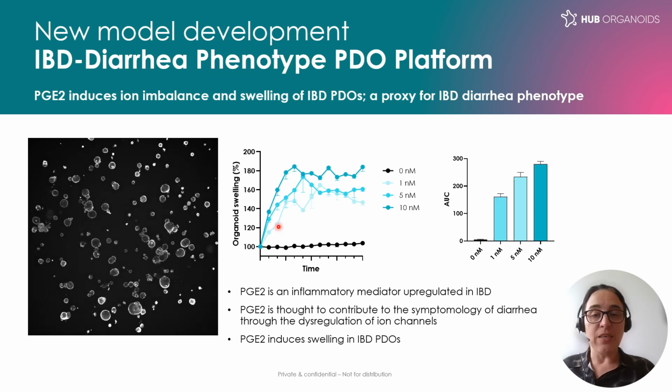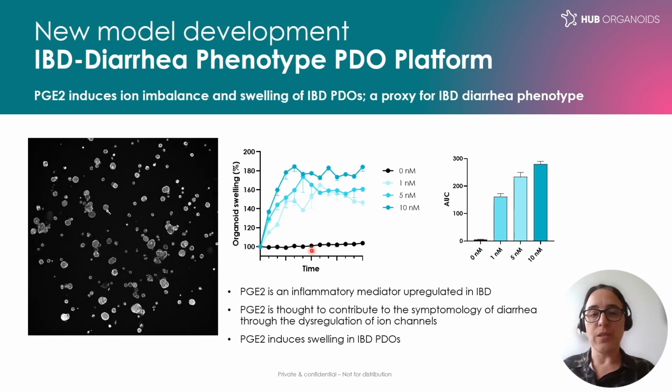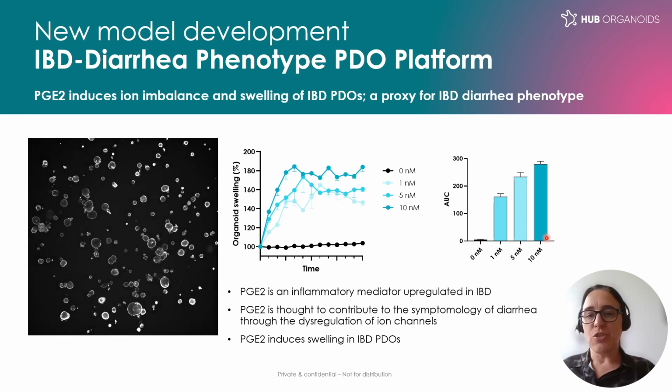And we have an assay in which we can see that if we increase the concentration of PG2, and these are different concentrations, we can see an increase in the organoid swelling over time compared with not adding any stimulus, and we can also measure this as an area under the curve.